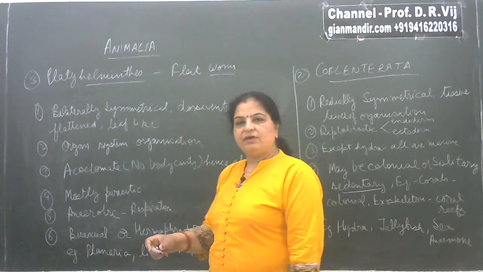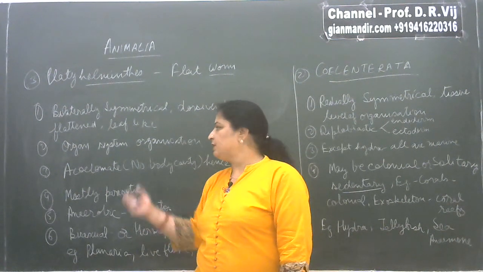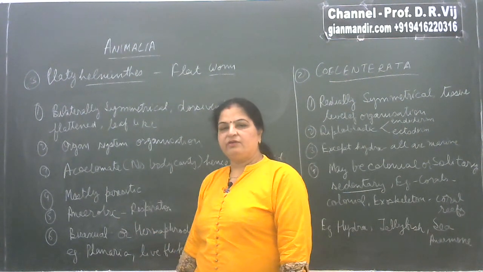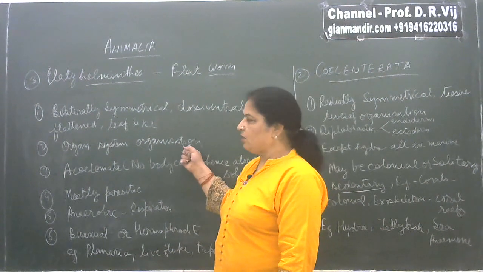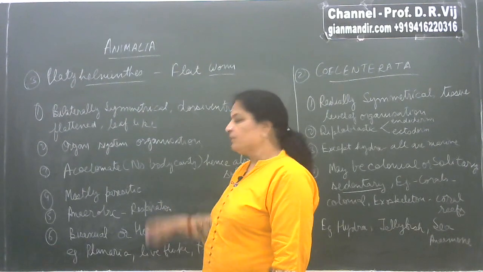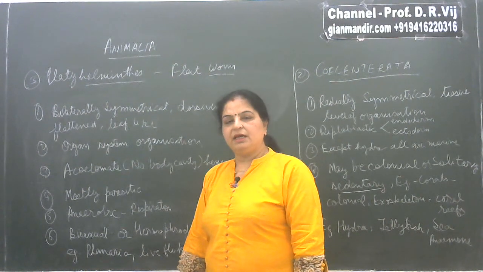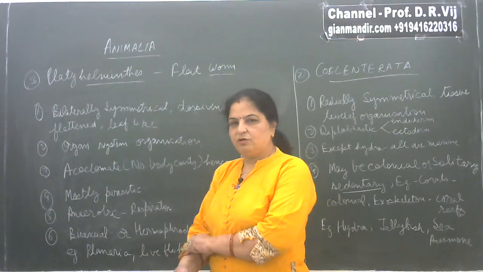And as I have said, they have a bit more complex structure, so this time organ formation has started. So they are having organ level of organization or organ system organization. Again, they are lacking any true body cavity. That's why they are known as acoelomate.